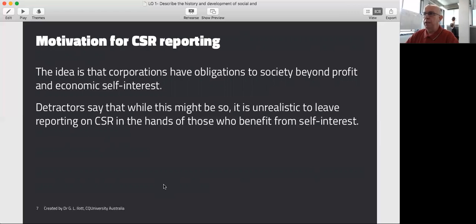We tend to believe that if not profit, then financial performance is the key indicator that we're interested in. Economists and accountants don't say that that's the only thing that's important, but it's the primary thing that we are interested in. So that opens the question on whether or not accountants and economists are the right people to be talking about corporate social responsibility.